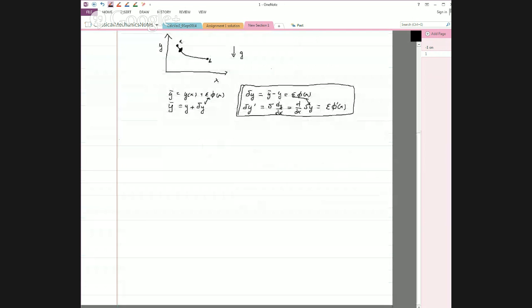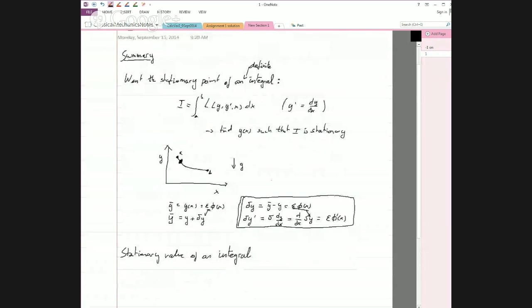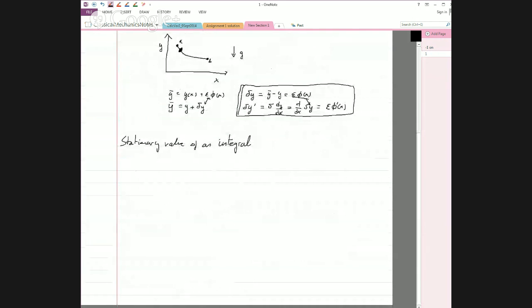So let's start with stationary value of an integral. Where the integral depends on a function L that itself depends on y, the derivative of y, and then x as well. Okay? So let's calculate the variation of the integral.